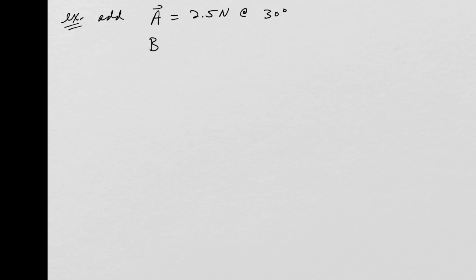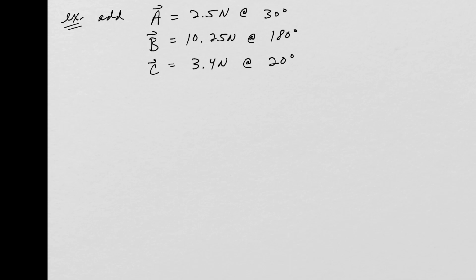Vector B, let's say is 10.25 newtons at 180 degrees. And C is, say, 3.4 newtons at 20 degrees.